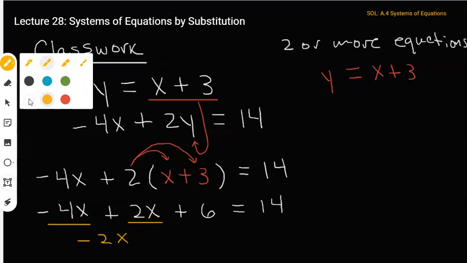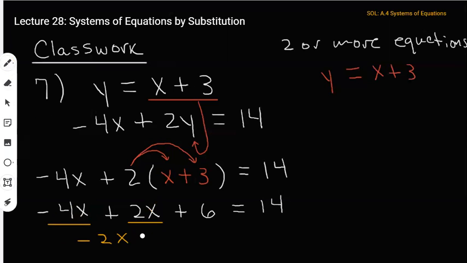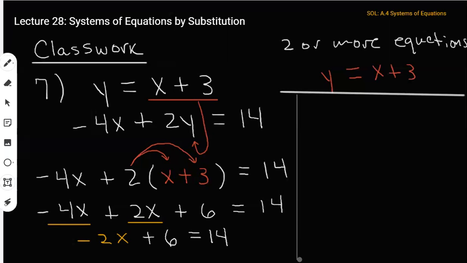And then I'm going to add 6 to get 14. I'll come over here on the right side since I'm running out of space. Okay, so I've got negative 2x plus 6 is equal to 14. I'll just write that out up here.